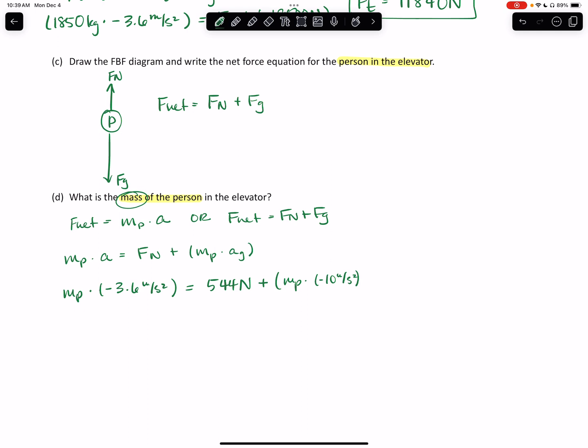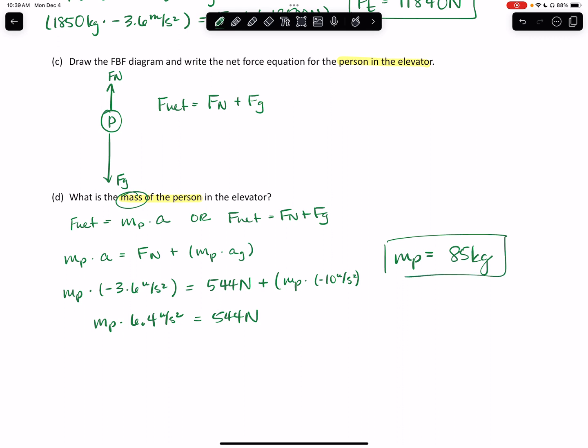I'm going to move the mass of the person times acceleration due to gravity to the other side. So that's negative 3.6 plus 10. So I end up with the mass of the person times 6.4 meters per second squared equals 544 newtons. So the mass of the person is then going to be equal to 85 kilograms.